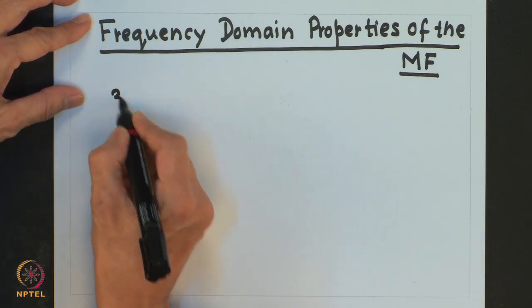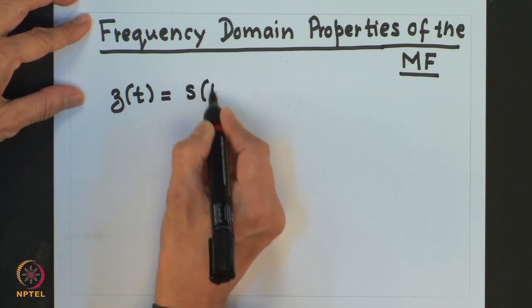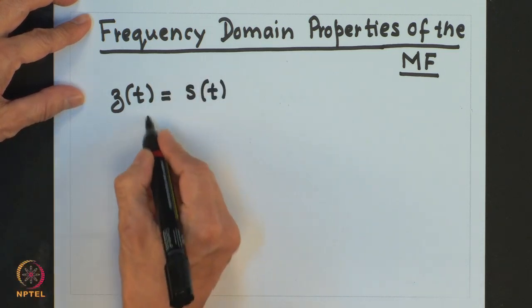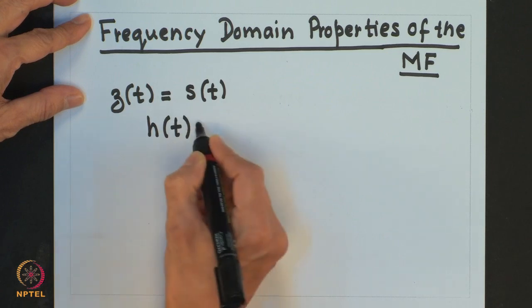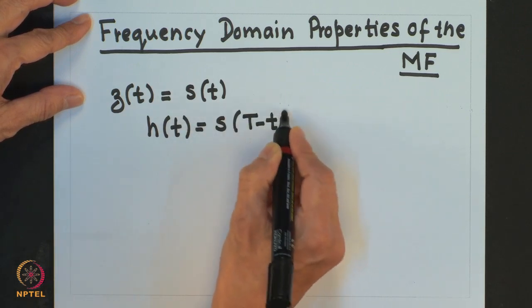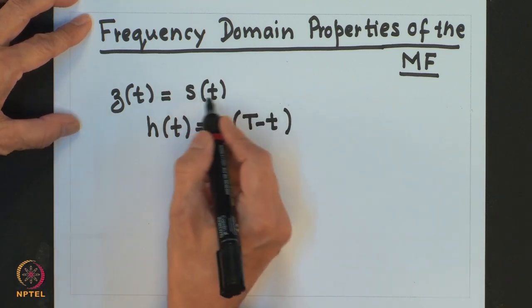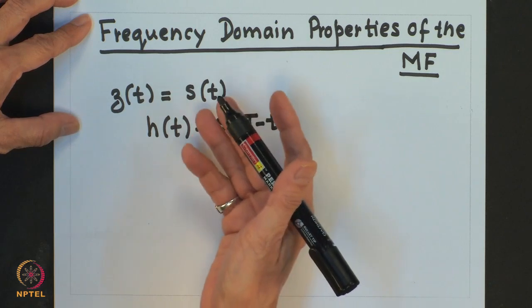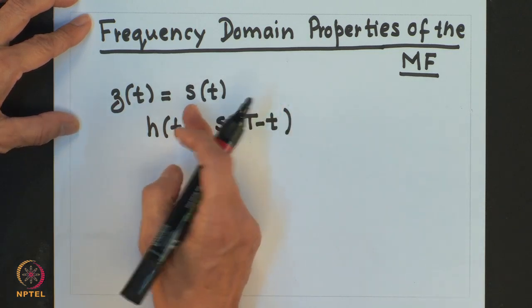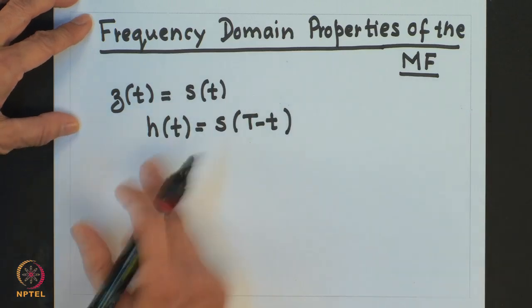In our case we will choose Zt to be St. So, your matched filter ht is going to be S of capital T minus small t. Your St could be one of your message signals, so it could be either S1t, S2t or up to SMt, any one of these.